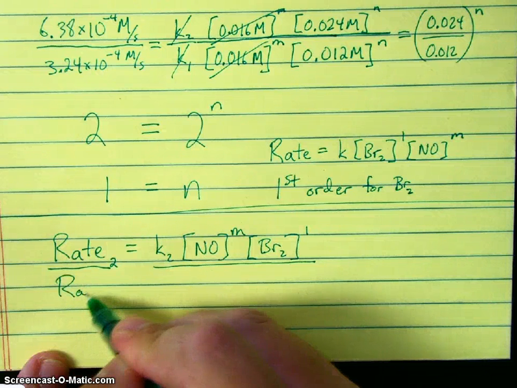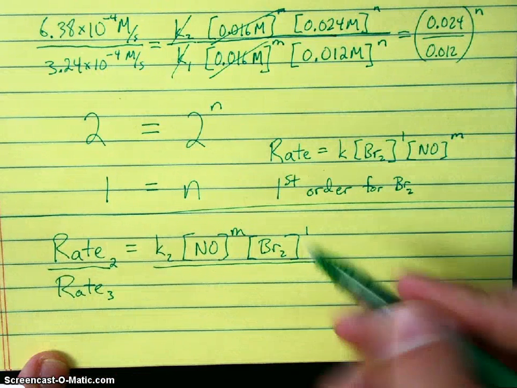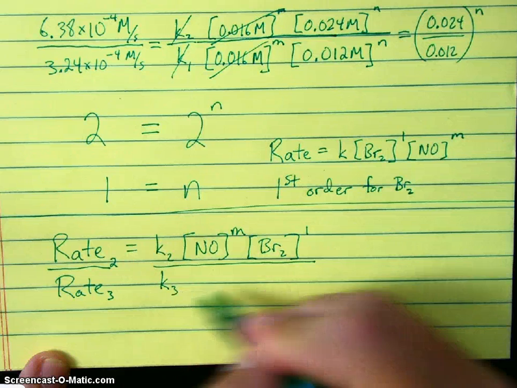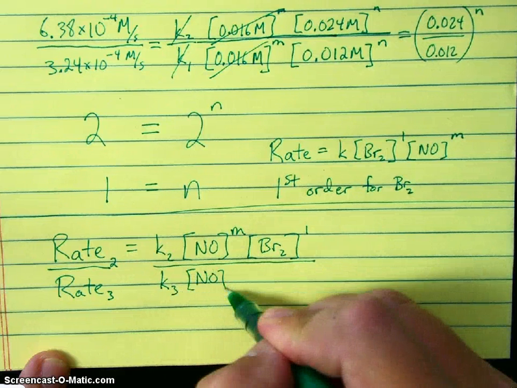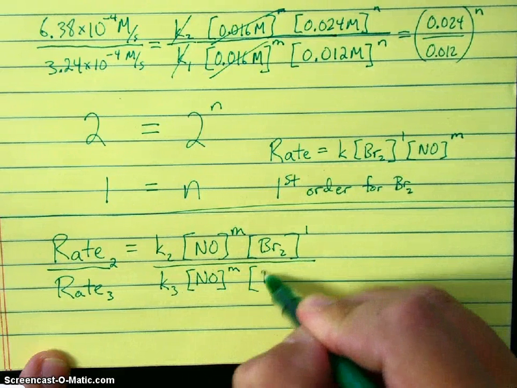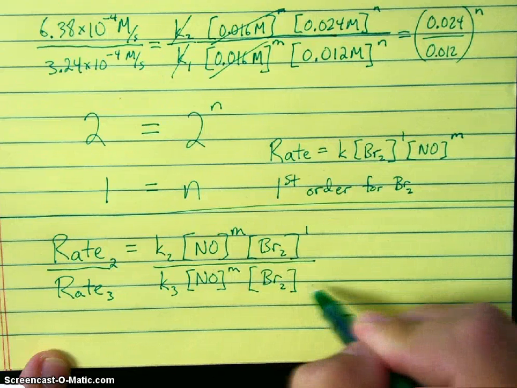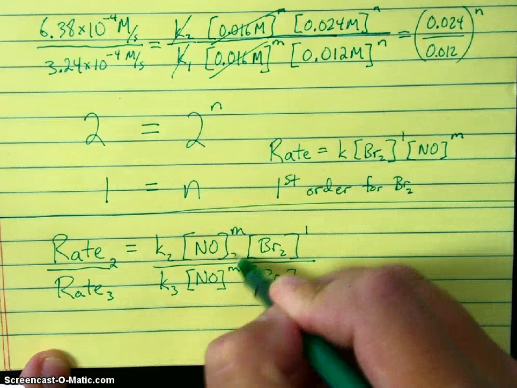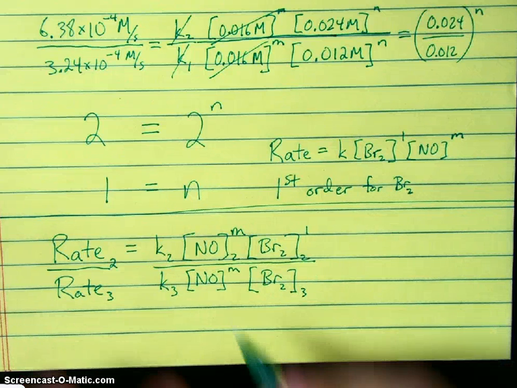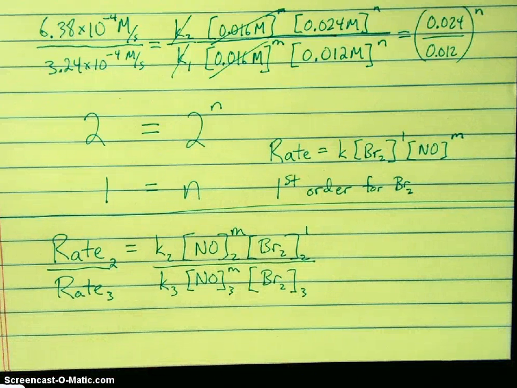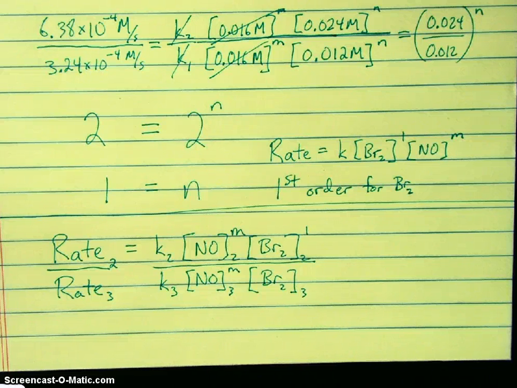Second, here in the bottom of the ratio, I'll do the third trial. And I need to fill in those, I forgot about those. And again, those little subscripts are just indicating what trial it is. It's not affecting any formulas or anything like that.